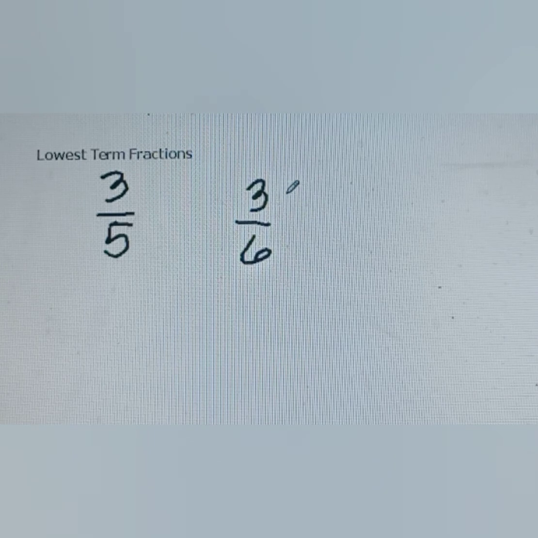Yes, 3, right? Both can be divided by 3, and that's the biggest. And that's the GCF. So if we divide them by 3, you get what? 3 divided by 3, that's 1, correct? What about the 6? 6 divided by 3, that's 2, correct?